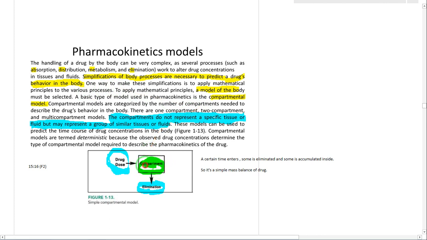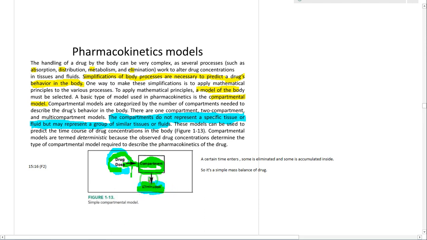A compartment is simply, just imagine that it tells us a certain amount of drug enters, some of it is going to be accumulated here, and some will come out, will be eliminated.